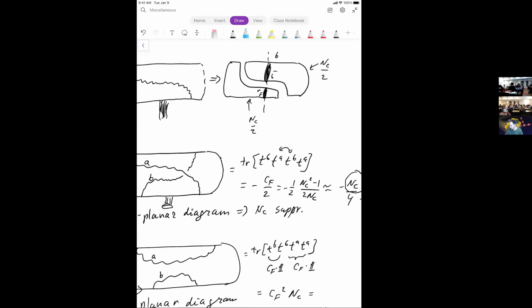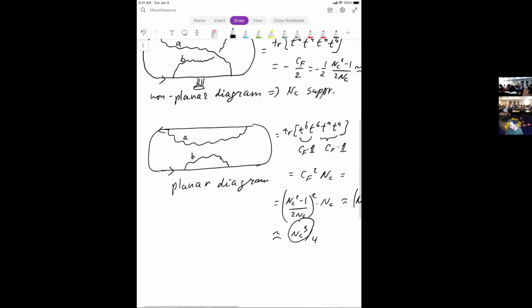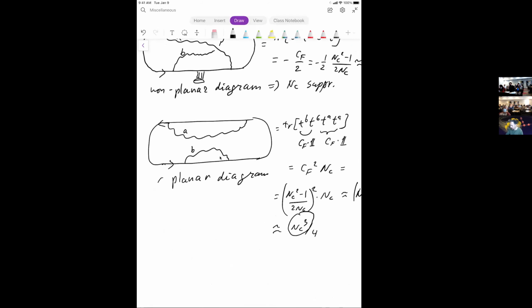So for instance, here I can just loop around this line. That gives me an NC over 2. I can loop around that line. This gives me another NC over 2. So similar analysis could be done for these diagrams up here. For instance, we can start with a planar diagram and draw it in a large NC limit, like this.